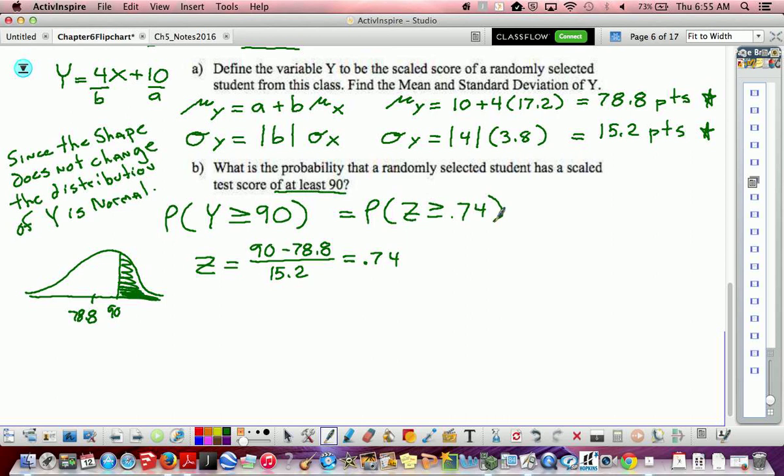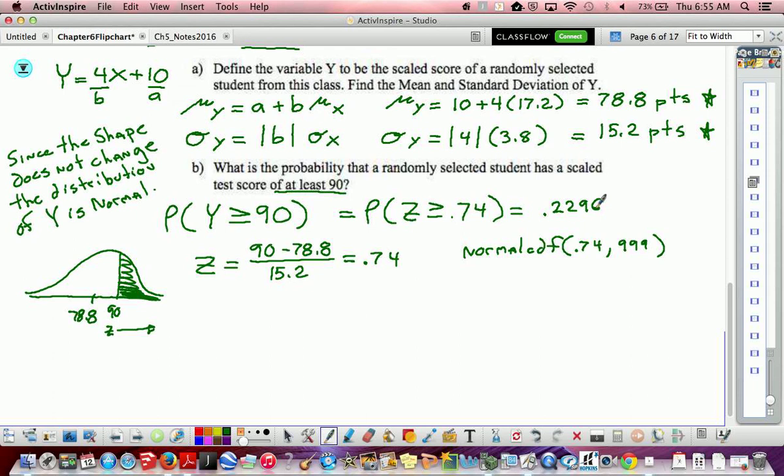So if you remember on our calculator, we can calculate this out by doing our normal CDF. This is where the picture helps because we're going from our z-score to positive infinity. So I would be typing in 0.74 to positive infinity, so I type in a bunch of 9s, and that gives me my area, 0.2296.